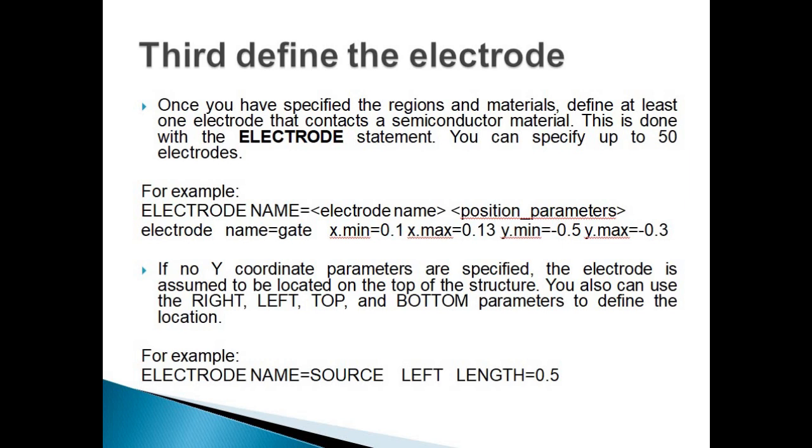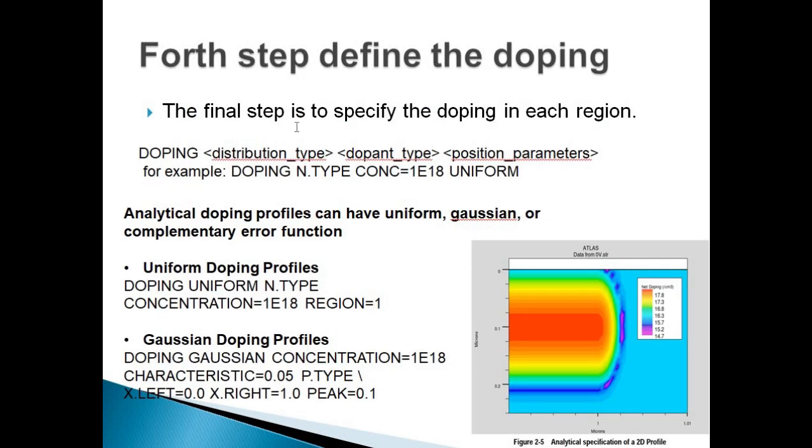Next slide please. The final step is to specify the doping in each region. You can specify analytical doping distribution or have Atlas read in profiles that come from either process simulation or experiment. You specify the doping using the doping statement.